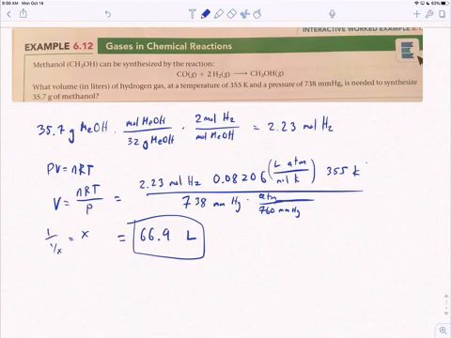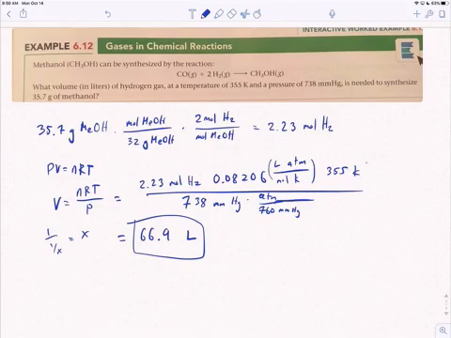So with 35.7 grams of product, we need 2.23 moles of reactants. And then using the ideal gas law, we can go back to figure out the volume, because that's what we store the stuff as, in volume of hydrogen. Using the ideal gas law, we get 66.9 liters of reactant for this much product. Questions with this?